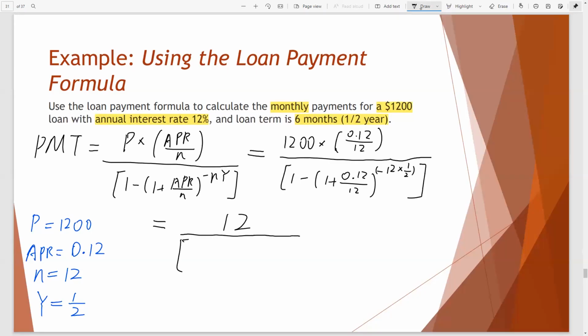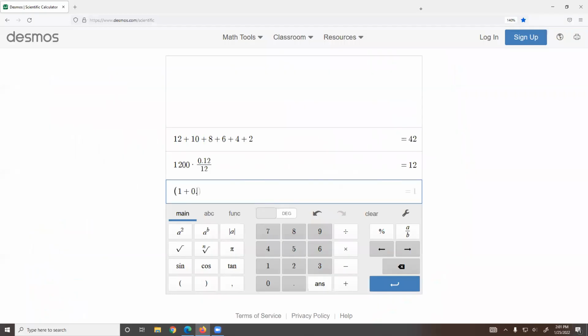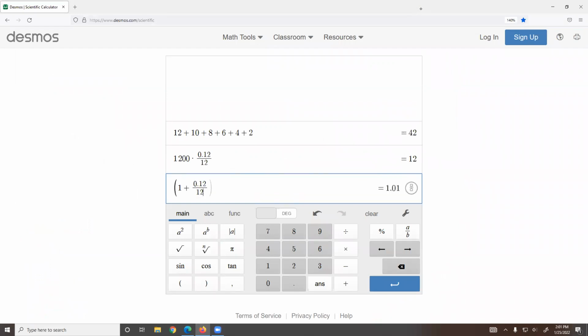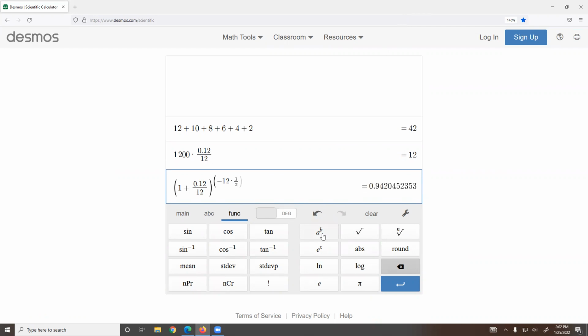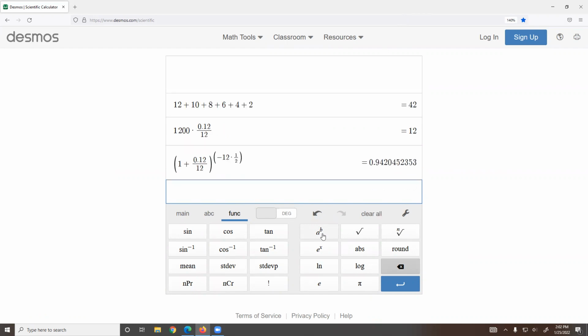For the bottom, you could calculate the whole piece on the right to get the right decimal: 1 plus 0.12 divided by 12. Remember the a raised to the b, you can find that on your calculator, raised to the power of negative 12 times 1/2. Close it. That's 0.942.